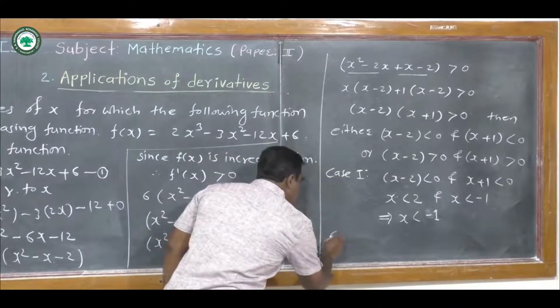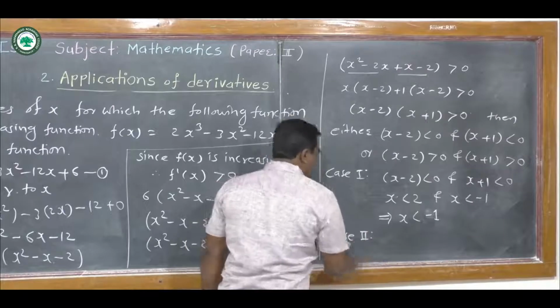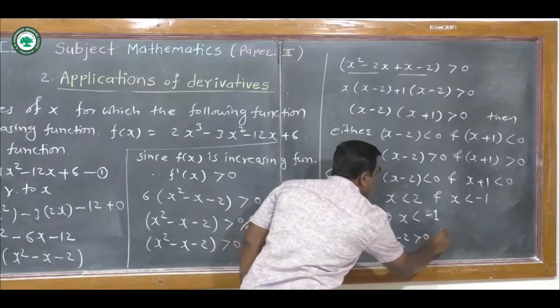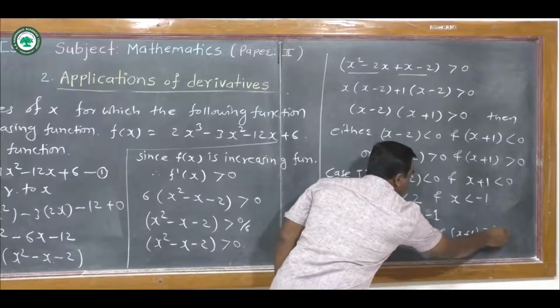Now consider the second case. Case second: x minus 2 greater than 0 and x plus 1 greater than 0.